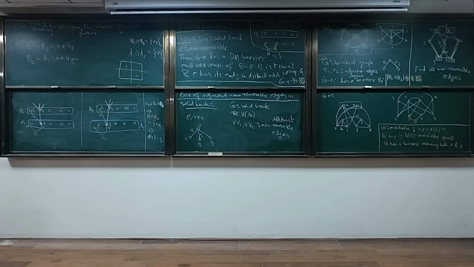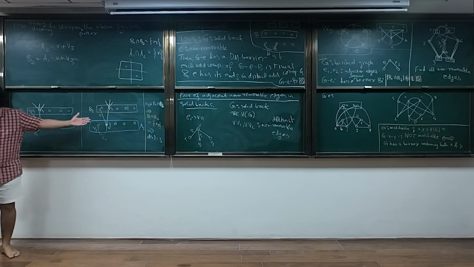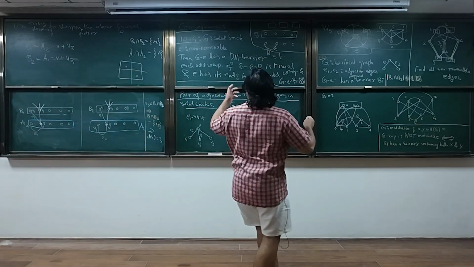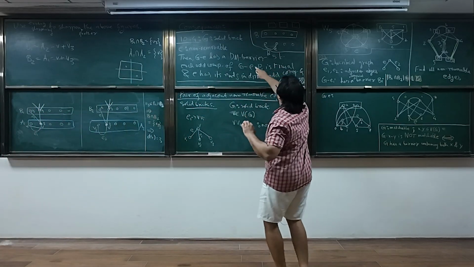The only thing that I haven't mentioned explicitly is that if you delete all the edges that have both ends in A1 or both ends in B1, then you have a bipartite matching covered graph. And same here, right? That is because of the Dulmage-Mendelsohn barrier.